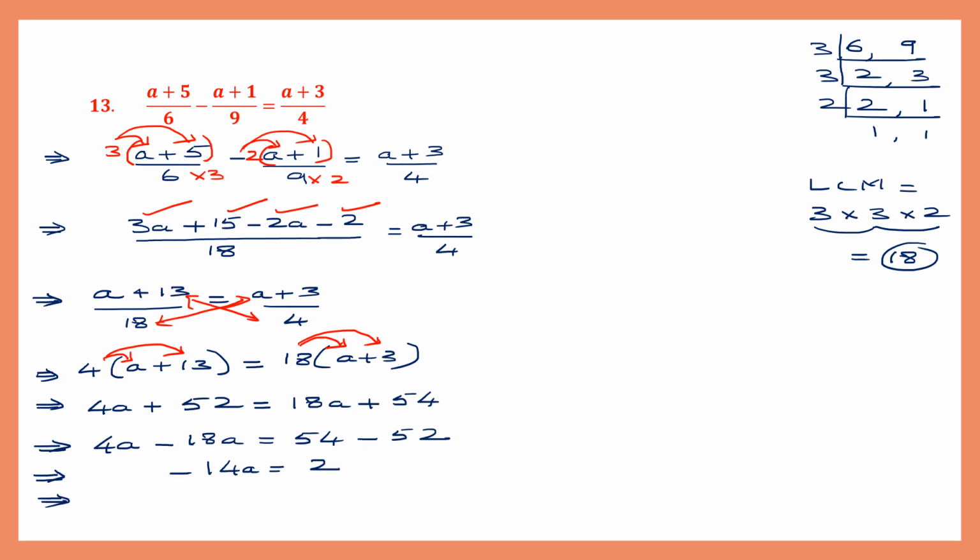Now a alone is 2 divided by minus 14, which is equal to, if you cancel, we are able to cancel by 2. So here it becomes minus 1 by 7. So we have found the value of a is equal to minus 1 by 7.